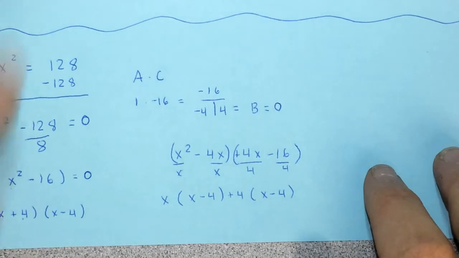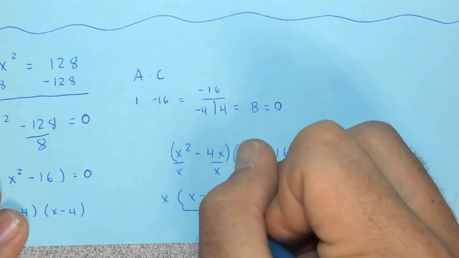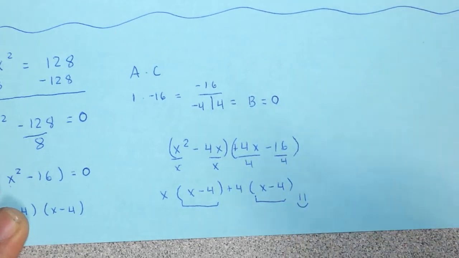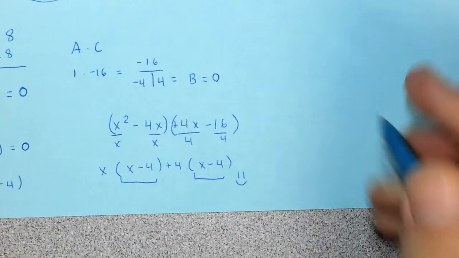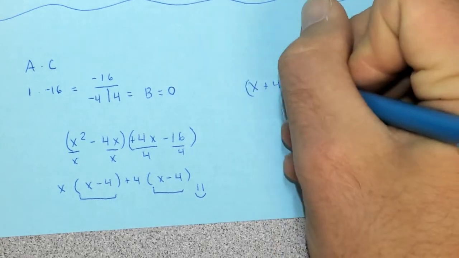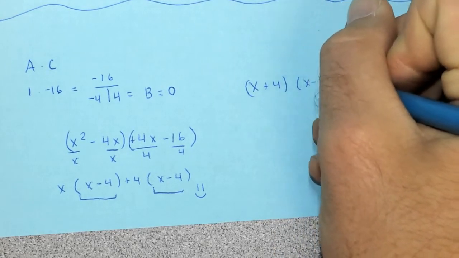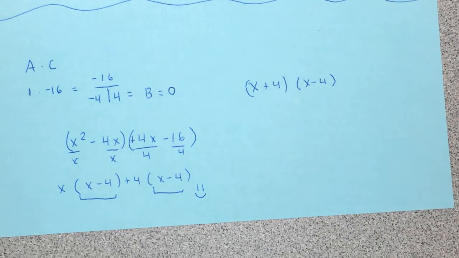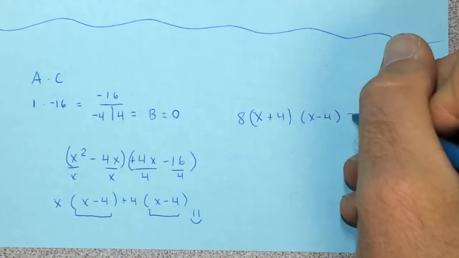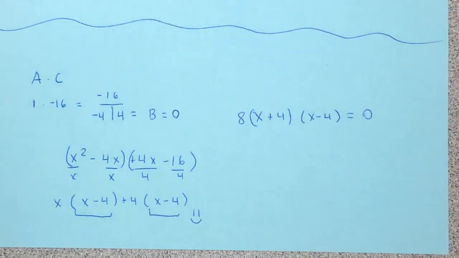I know I'm doing it right because my x minus 4s match up. Again, happy Mr. Veenstra. So my two factors are x plus 4 and x minus 4. We got the 8 up front. It's all equal to 0. Remember my last step, the new part is I'm solving by factoring.